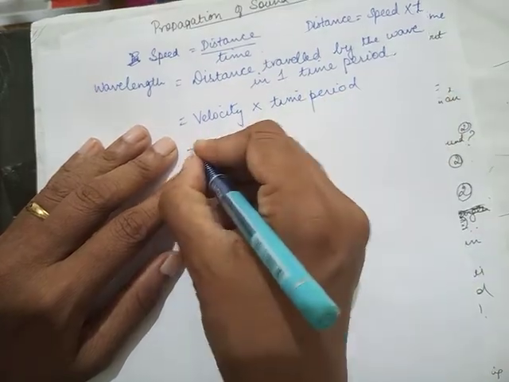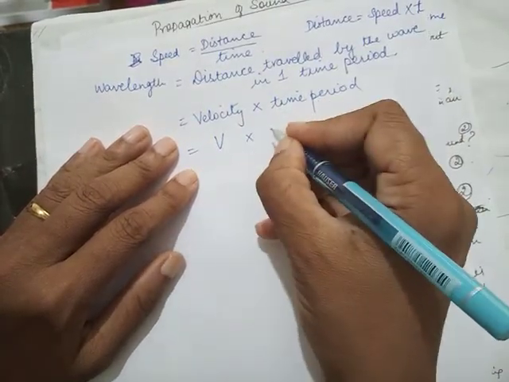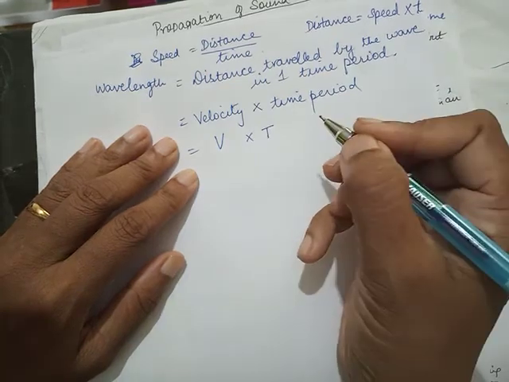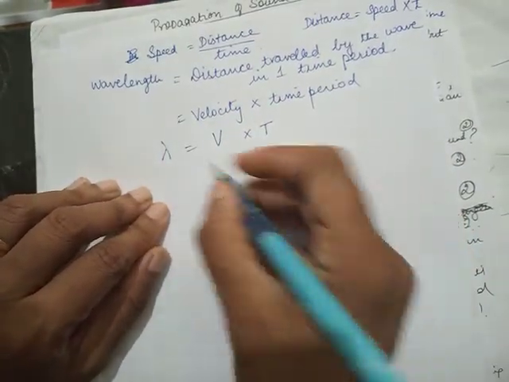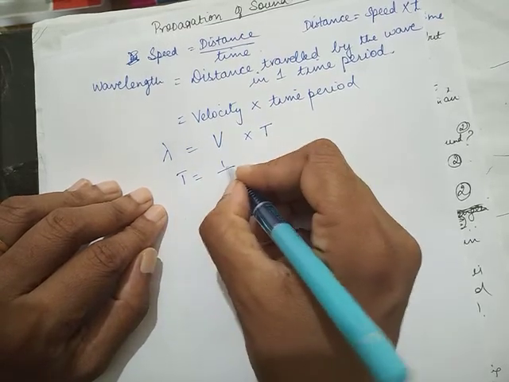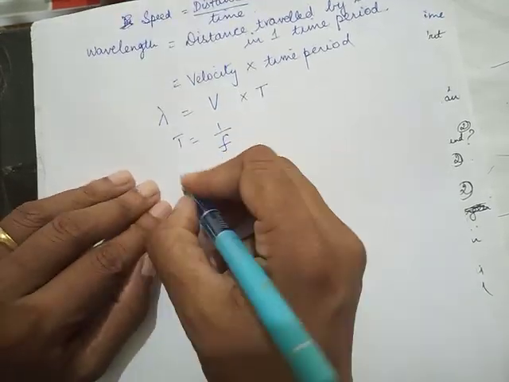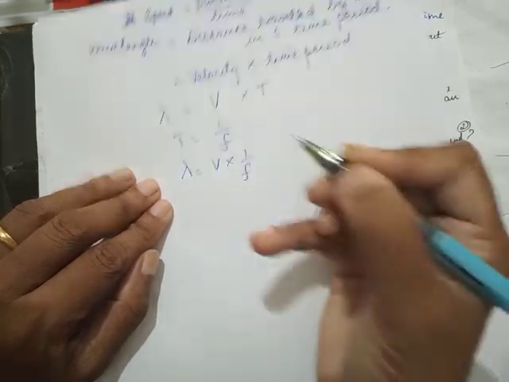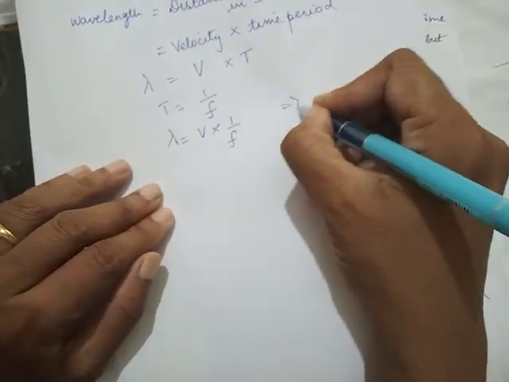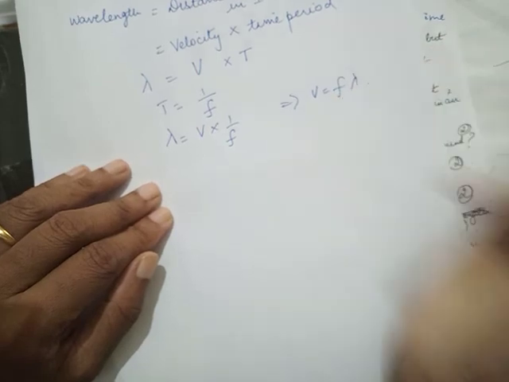So velocity we took as v, and time period we took as T. v into T. So that's how you get lambda is equal to v into T. The next step you'll write T is equal to 1 upon f. Therefore, another formula you get is v into 1 by f, or v is equal to f lambda.